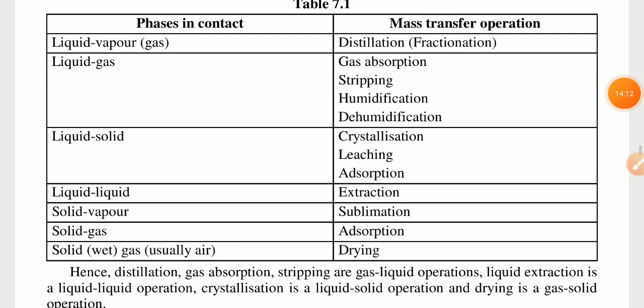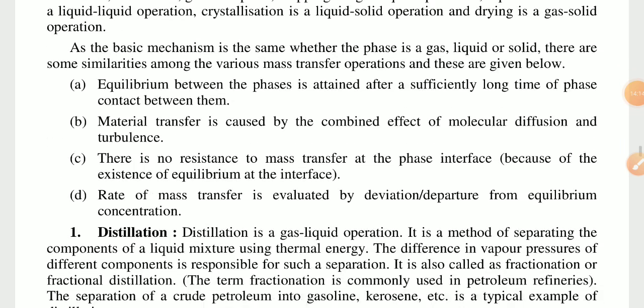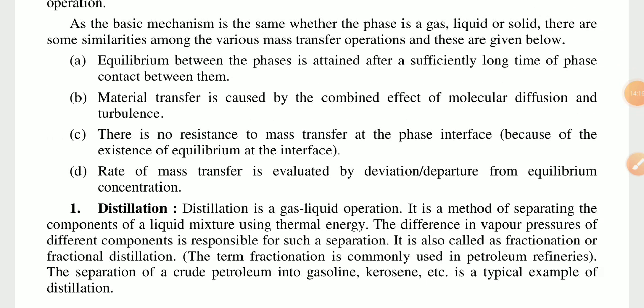Okay, this is the whole set of points and this is the last point for revision. Equilibrium between the phases is attained after a sufficiently long time of phase contact between them.